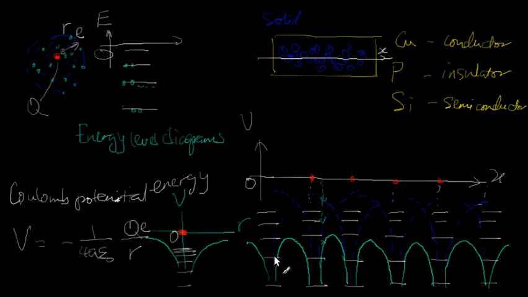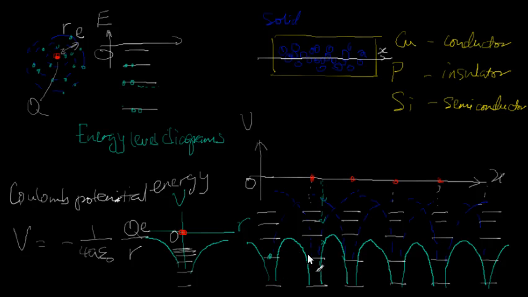Imagine I have an electron here at this level, and an atom nearby. Then this electron is separated from that atom by this potential barrier. If you remember, I talked quite a bit about potential barriers when I talked about tunneling in an earlier video.